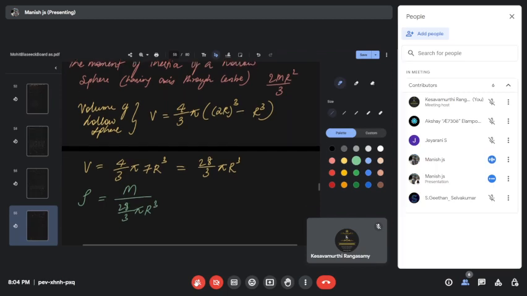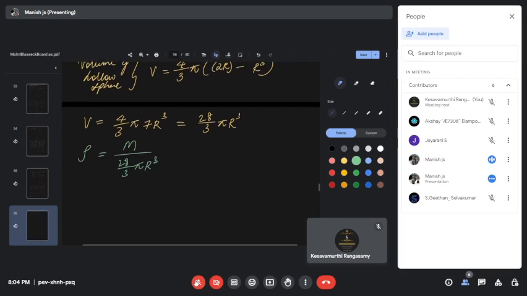Then we have to find the moment of inertia. You know that moment of inertia I can be expressed as a summation also. So we express that using integration. Integration of dI, the entire moment of inertia for the hollow sphere needs to be considered.